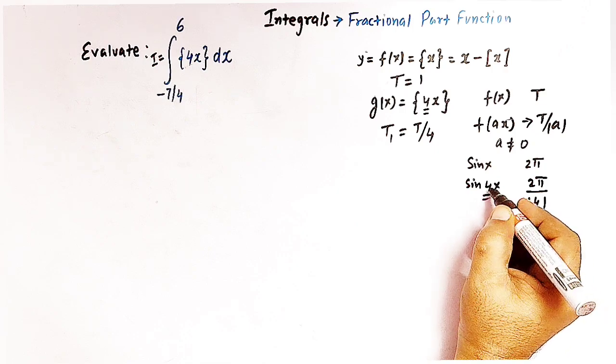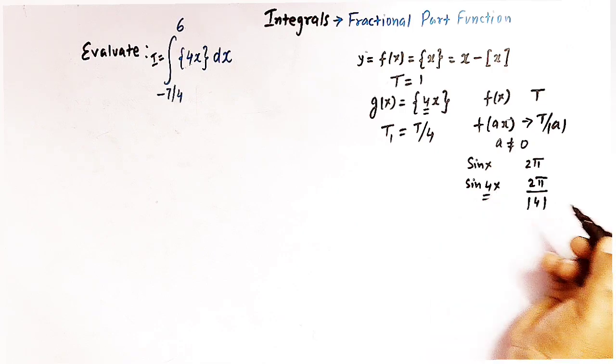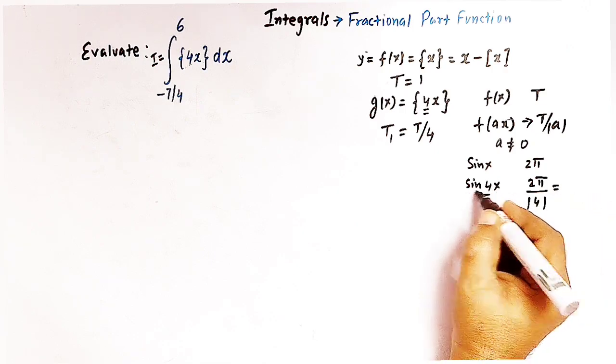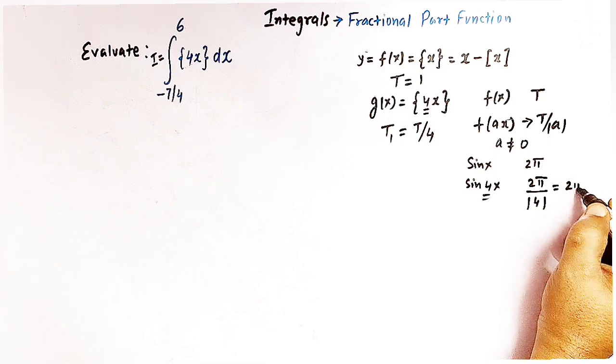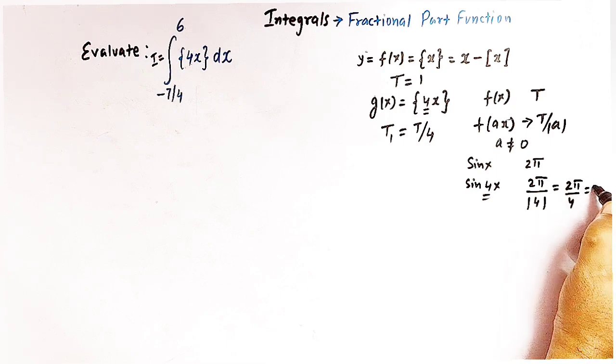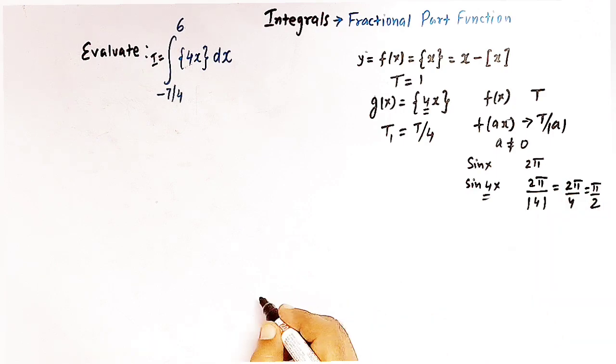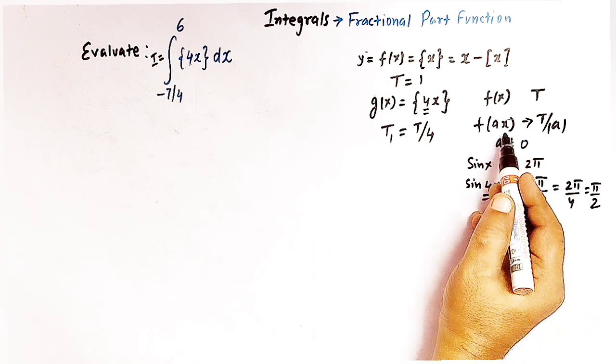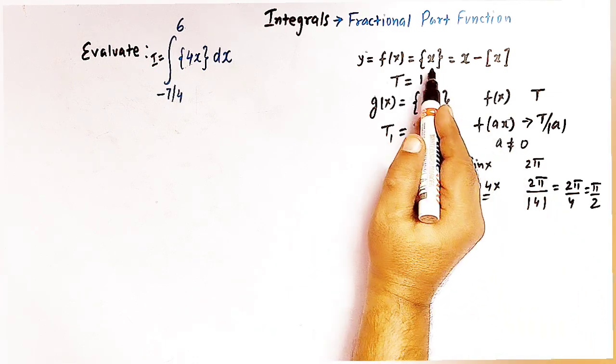So here we have the coefficient that is 4. So the period of sine 4x is given by 2 pi over 4, that is pi over 2, right? So this concept is utilized here.